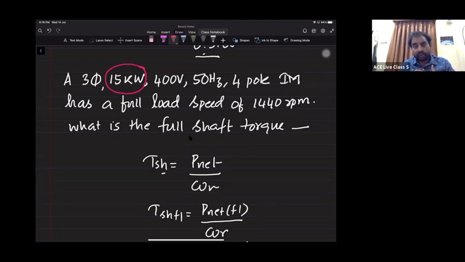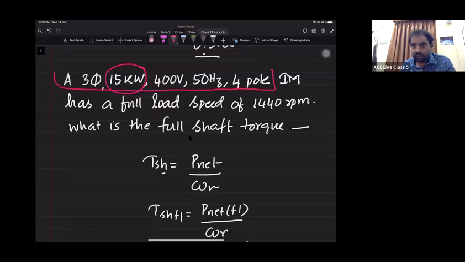Because say if I'm an examiner and I want to frame a question on a particular induction motor, I'll go to that induction motor, look into the nameplate details and collect the information from there. Basing on that motor data, I'll ask a question about that motor.